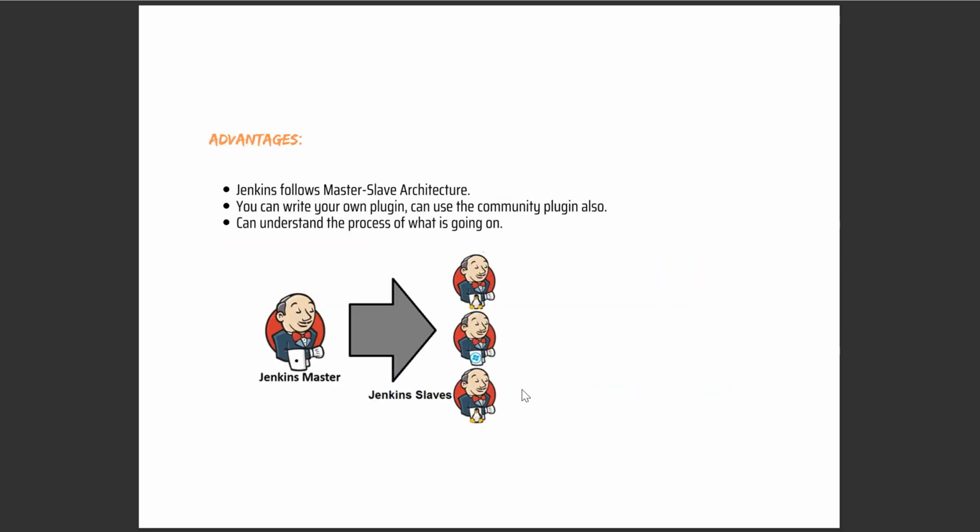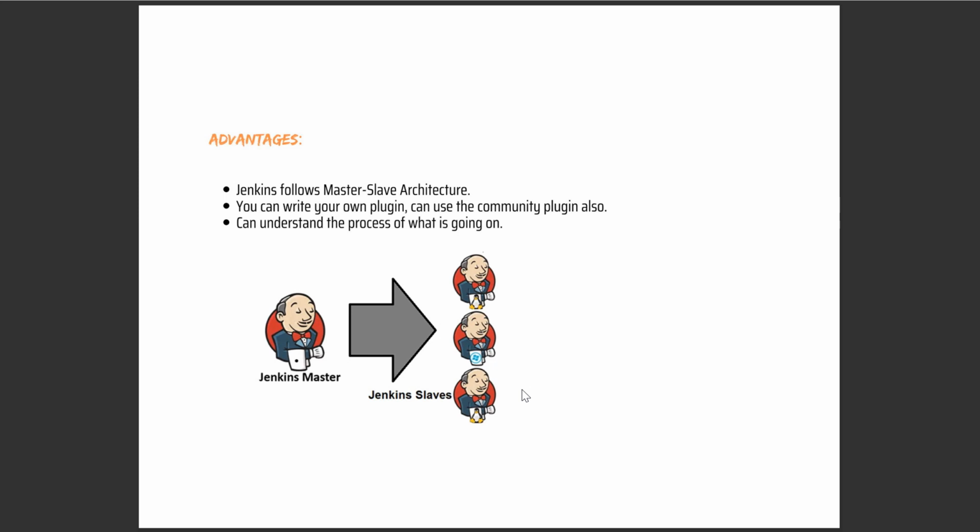There are a lot of advantages of using Jenkins. Jenkins follows a master-slave architecture. What is master-slave? Master is only one person, and there are a number of slaves. Whatever the master tells, the slaves need to execute.